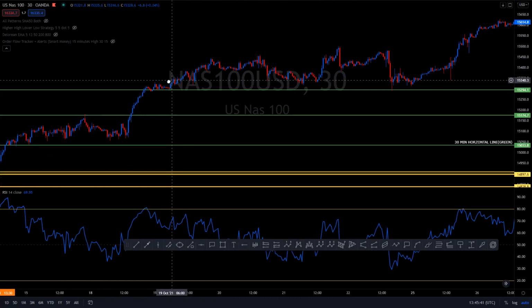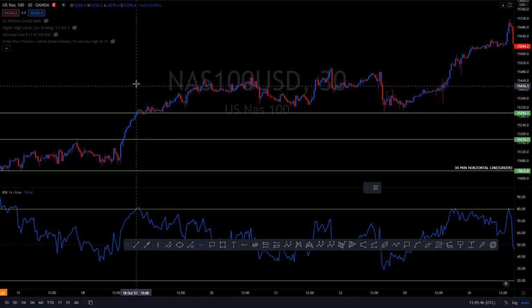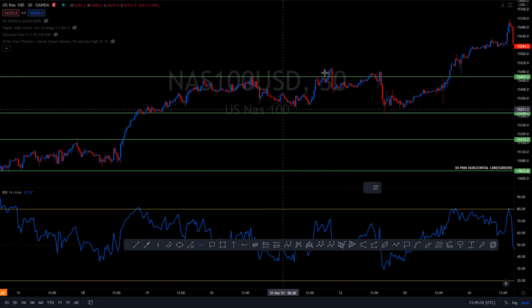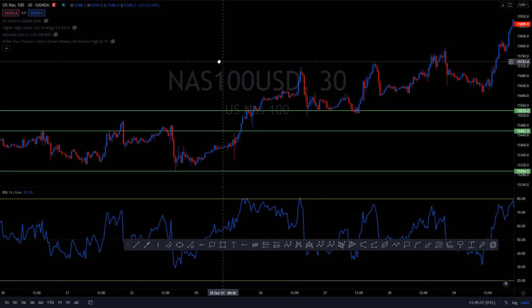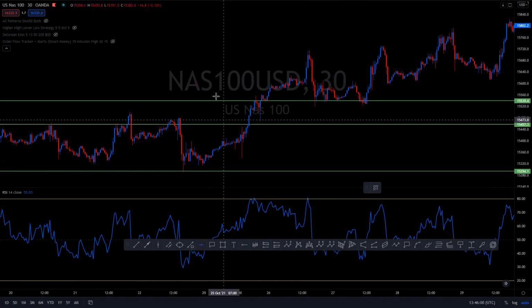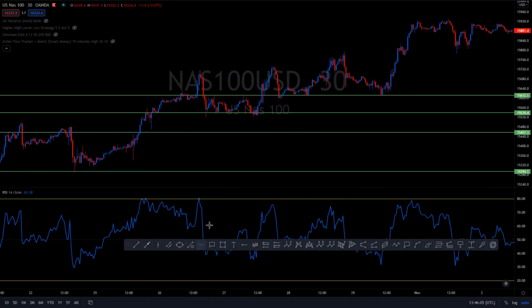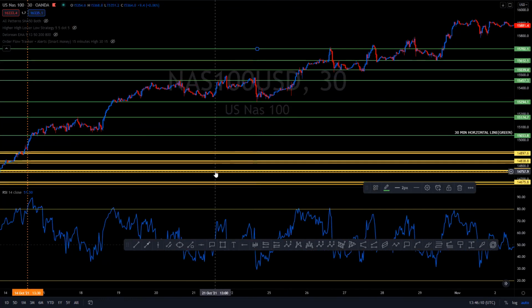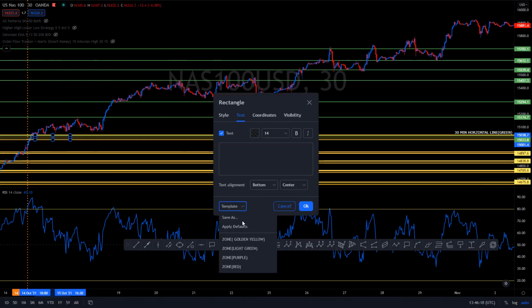That's a good level here. You know, that's a good level right here. So now I'm going to go ahead and draw my supply and demand zones off of these levels here. Change this to green.